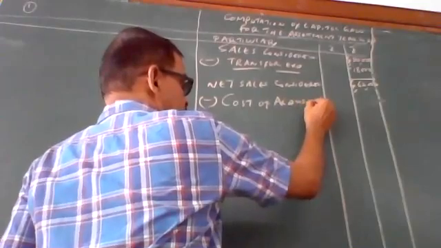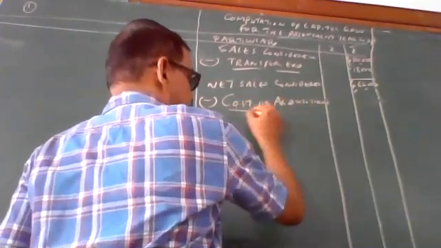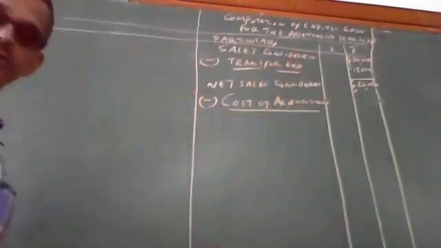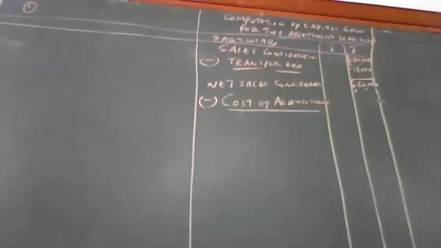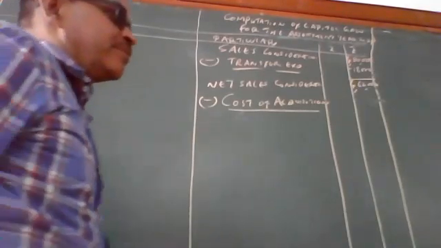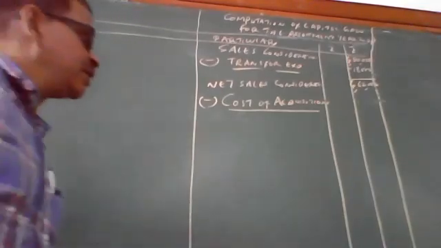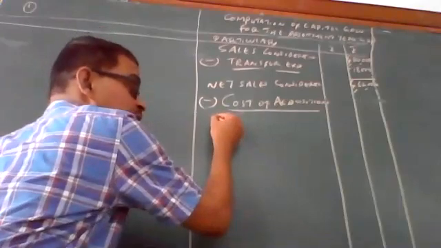What is the cost of purchase or cost of acquisition? Not 10,000. Purchase cost is 4,20,000.